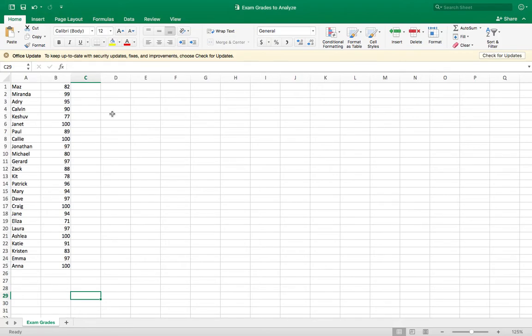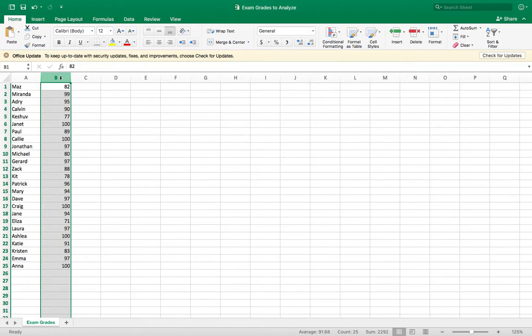Okay, so let's imagine that I have downloaded this from Blackboard, which is exactly what I do. So what I'm looking at is an exam. And right now, this is as raw as it gets. Raw data just means you haven't done anything to make it make more sense. So the first thing I may want to do is just organize this from smallest to largest.